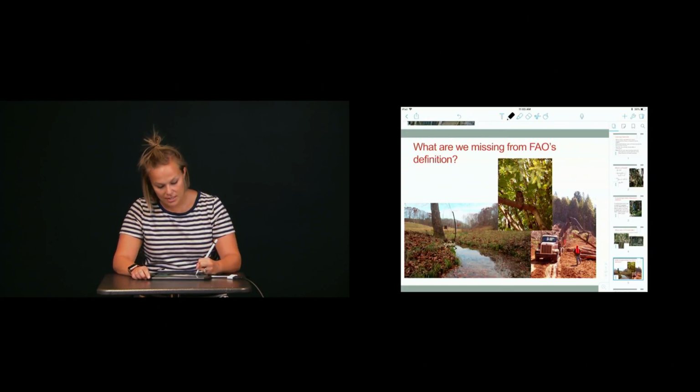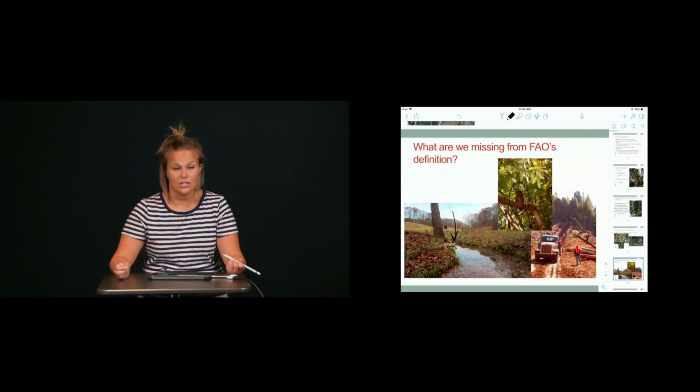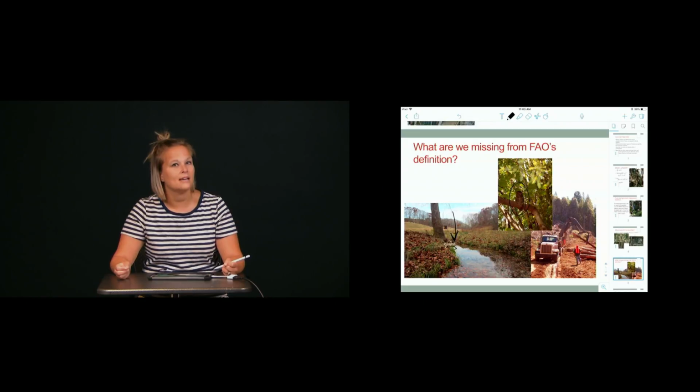So the first is this water purification. You can see that water is running through the forest system, and the plants throughout act as water purifiers, and it's a really vital ecosystem service. The other thing you'll see here is this sweet little owl standing up in the tree. That talks to us about how birds and other animals use forest as habitat.